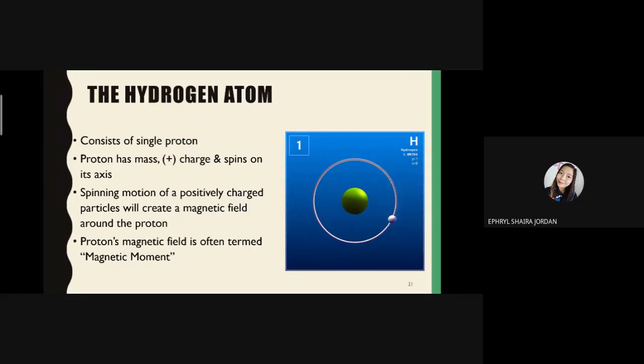The proton's magnetic field is often termed magnetic moment. Okay, so please don't be confused. I'll just give you a heads up. When you discuss MRI, usually ang ginagamit natin about the hydrogen is its proton.